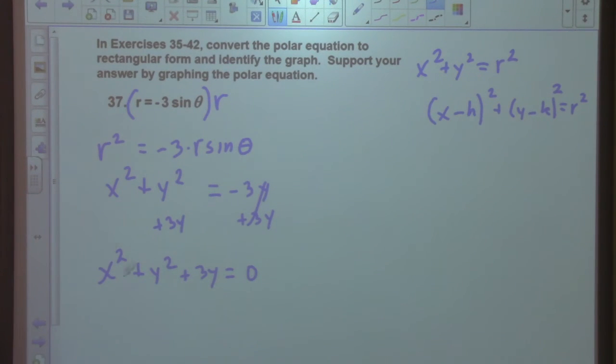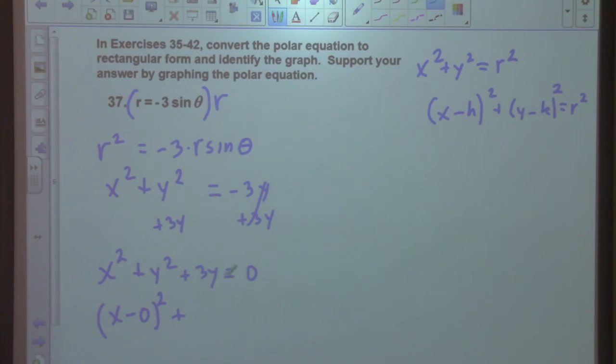And so what we have is we already have x squared right here. So we're good to go on that. So what we're going to have is x minus 0 squared. There's no problem there at all. And then we're going to have plus, now we want to write this y squared plus 3y as a perfect square.